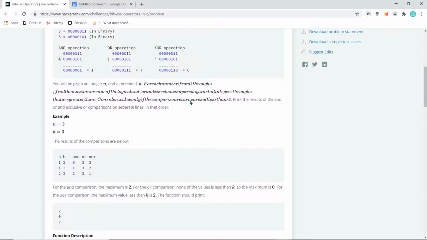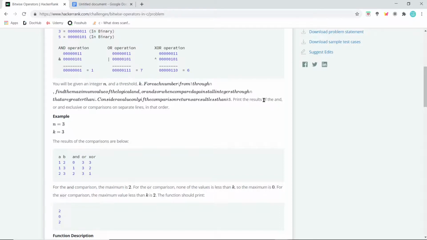After the operation of these three, AND, OR and XOR, we consider the result only if its value is less than k. So k is the threshold, remember, this is the limit.